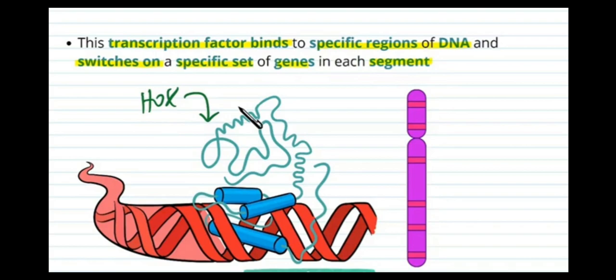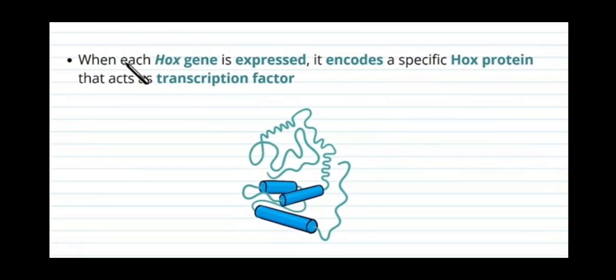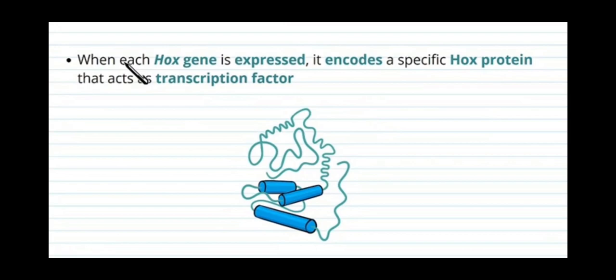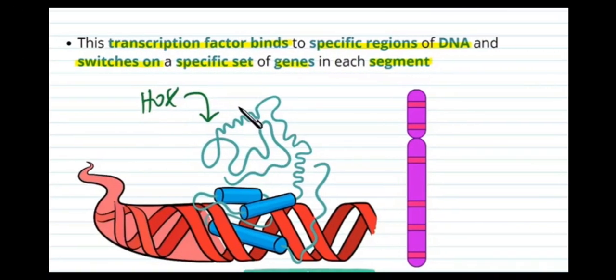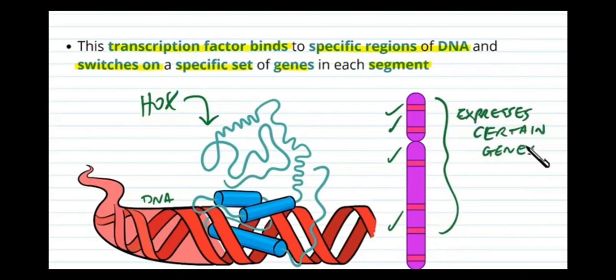Hence, it is said that the products of Hox genes are transcription factors, and these transcription factors bind at a specific region on the DNA, or we can say on a specific region of a gene in each segment, and thus cause the expression of certain genes.